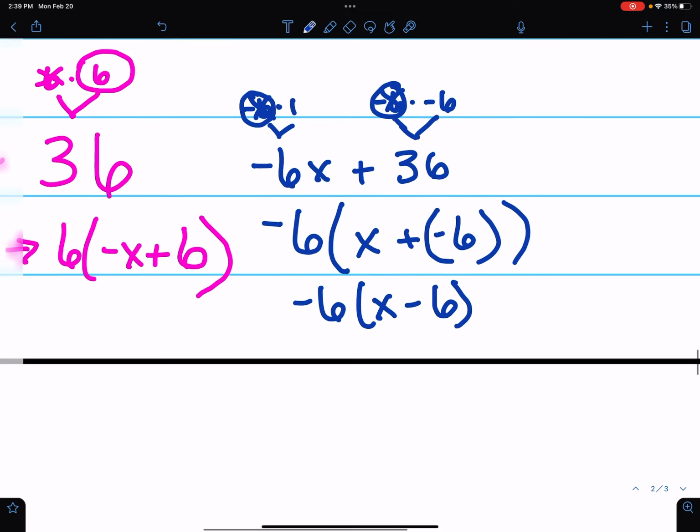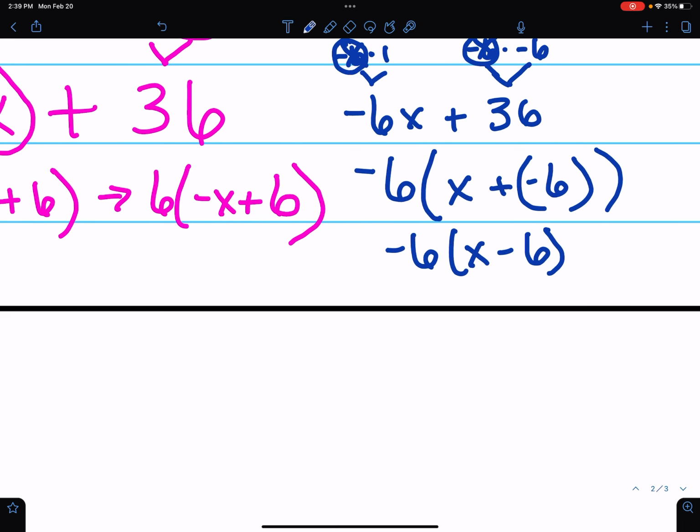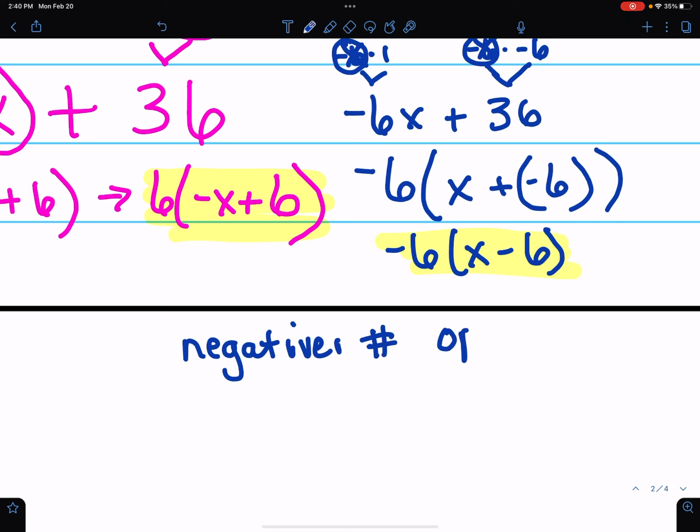Now, the thing I want you to notice is that if you look at this one and this one, we know that negative numbers are really opposites. In other words, 2 is -2, 4 is -4. They're opposites. So I'm going to change this to red so that you notice it.